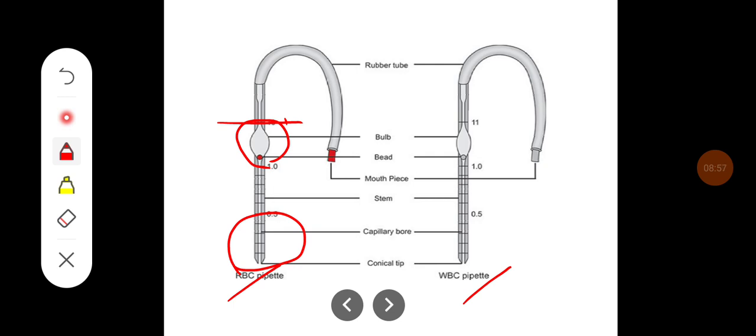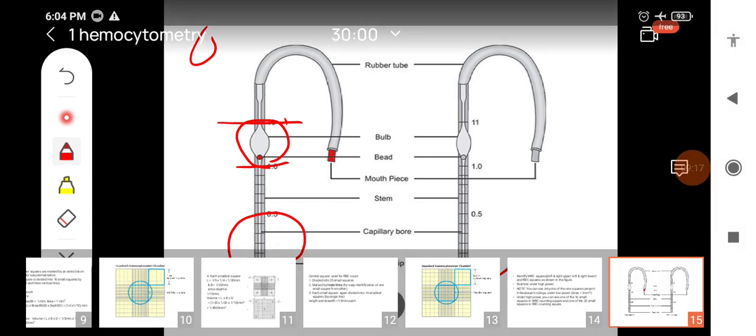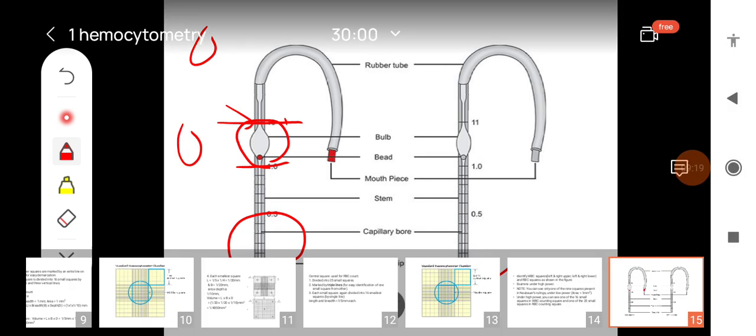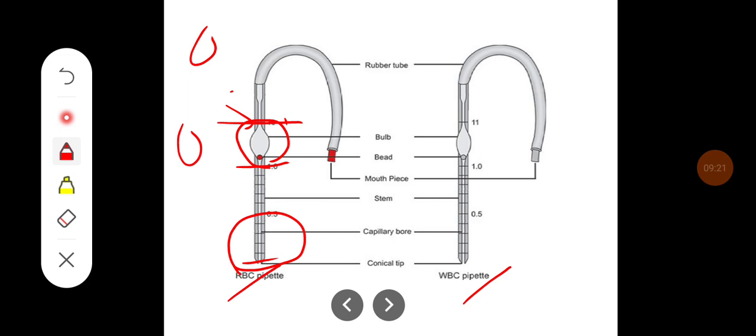The stem part contains only the diluting fluid and hence does not take part in the dilution. So the 0.5 part of blood gets diluted with 100 parts of the diluting fluid, and the dilution becomes almost 1 in 200.